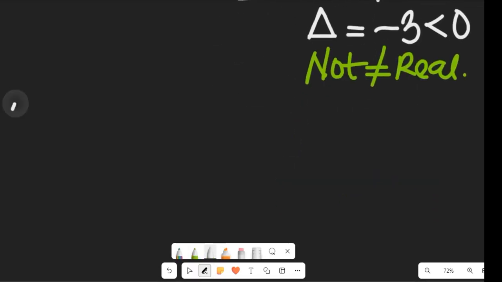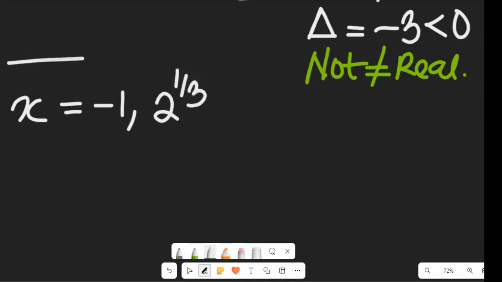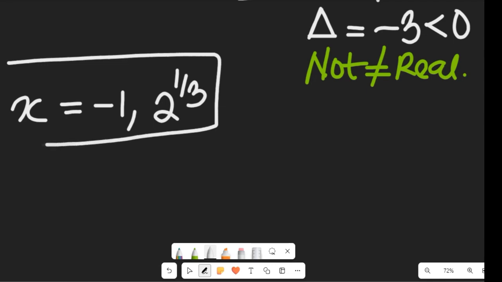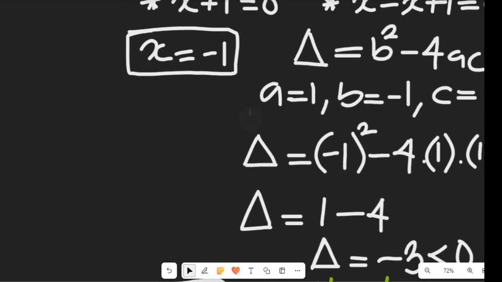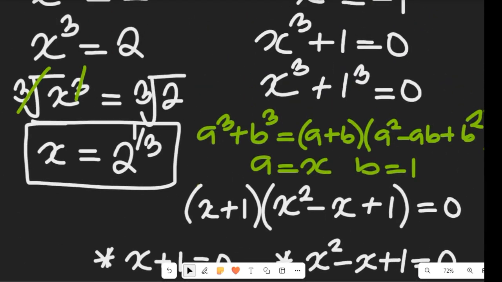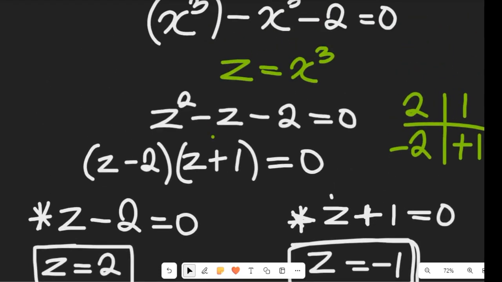The values of our x are equal to -1 and 2 to the power of 1 divided by 3. And these are the two solutions that satisfy that expression we are given up there, which is an exponential equation. Now let's test to see if our solution is actually right. Look at the initial question we are given.